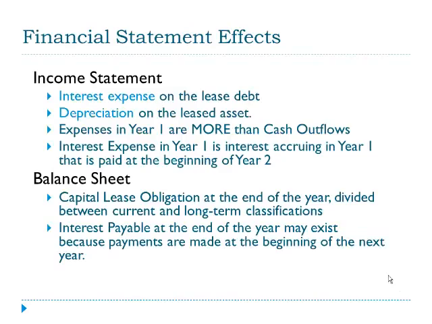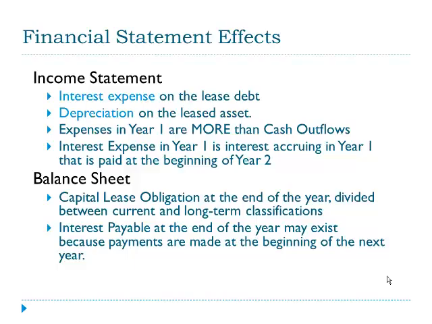The financial statement effects during the life of this lease is that we will see on the income statement interest expense associated with the lease debt and depreciation associated with the leased asset. Notice that the expenses in year one are more than the cash outflows. That is, if we take the depreciation on the $86,000 asset and we have the amount of interest of about $6,000, that's more than the $32,000 that's being paid.